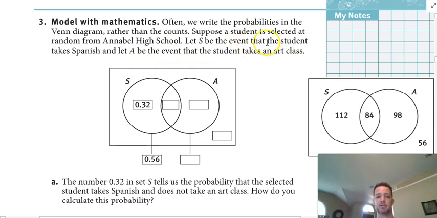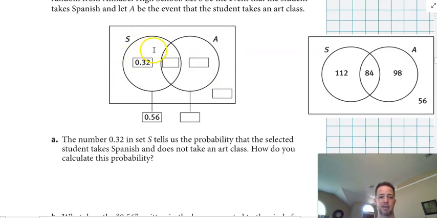So suppose that a student is selected at random from Annabelle High School. Let S be the event they're in Spanish, A is the event they're in an art class, and here we have some probabilities filled out with some blank ones. So it says the number 0.32 in the set tells us the probability that the selected student takes Spanish but does not take art. How do we calculate this probability? We use the numbers from the count.